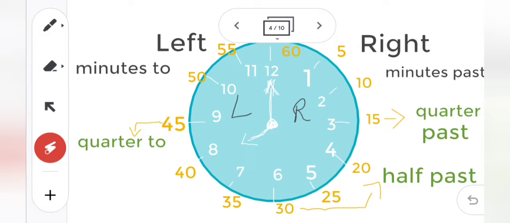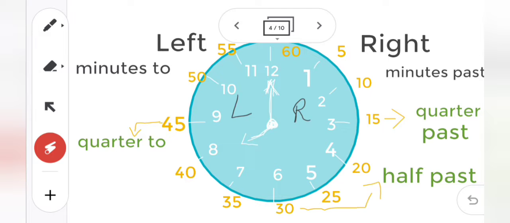Another thing: you will be writing the time in figures and in words. Figures is easy. You read the hour and the minute and write it. You write the hour first, then put a colon, and write the minutes. But when you write in words, you have to use another rule.